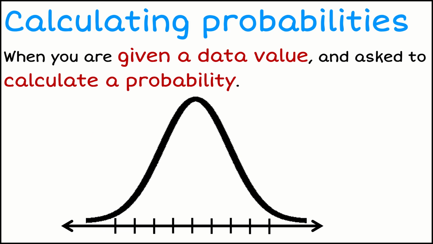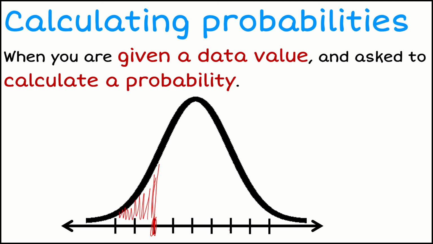So when I've been given a data value and asked to calculate a probability, this is the first type of problem that we want to solve. I might be given some particular data value, say here, and I want to know the probability of being below that point.